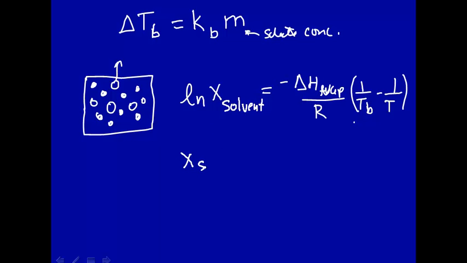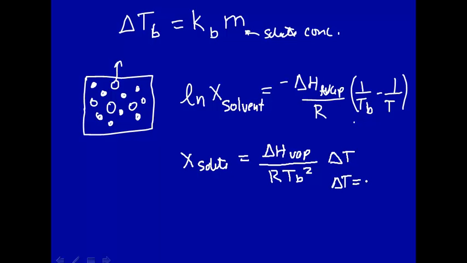So the mole fraction of the solute, and again cross multiply and so on, is the enthalpy of vaporization over R times the boiling point of the pure solvent squared times delta T, where delta T here is T minus TB, the boiling point elevation. Note that the boiling point goes up, so delta T for the boiling point is greater than 0.